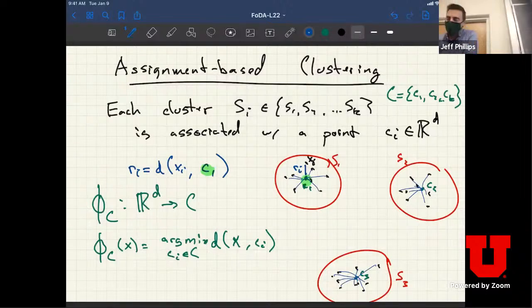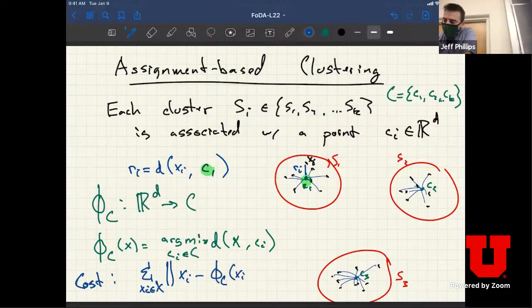And now my cost function, at least the cost function we will talk about in this course, is going to be the sum over x_i in X of the Euclidean distance from x_i to the closest center of x_i, squared.